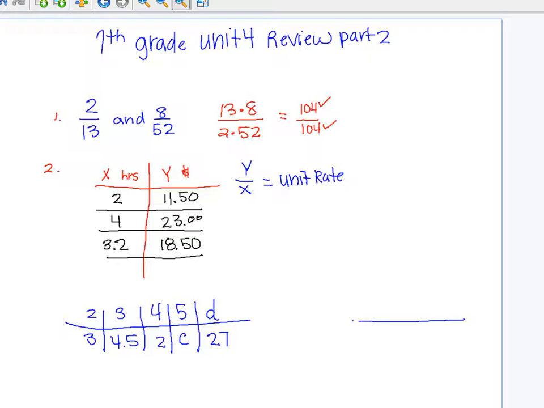All right, let's pretend one of these are the x and one of these are the y. How do you go from 2 to 3? What happens to x to give you y?